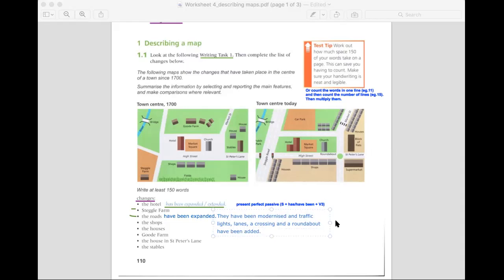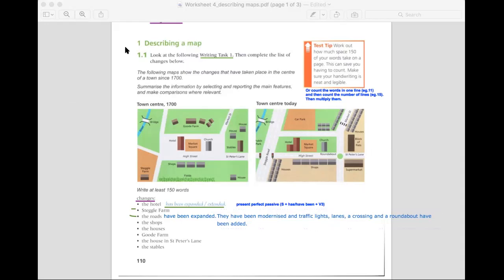Okay, so we can use the structure twice over here. So talk about what's happened, and then we can mention the things that they added to make this change as well. Okay, so this is how we can talk about changes. Again, you don't want to use this structure for every single sentence. We want to have some variety.